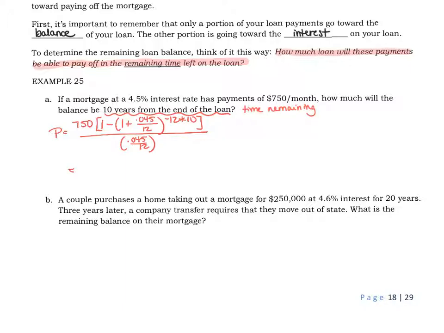Plugging that all into your calculator, you will find with 10 years left to go, you still owe, not including interest, $72,366.99. However much you borrowed at the beginning, that's not even a factor here. We don't know how much money you borrowed at the beginning, but what we know is with 10 years to go, you still owe over $72,000.